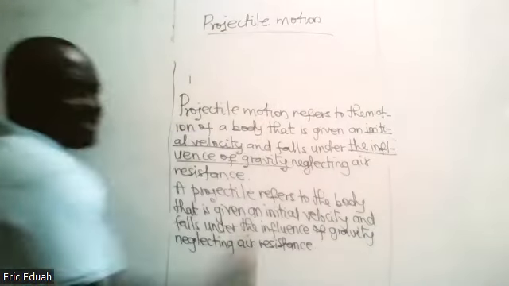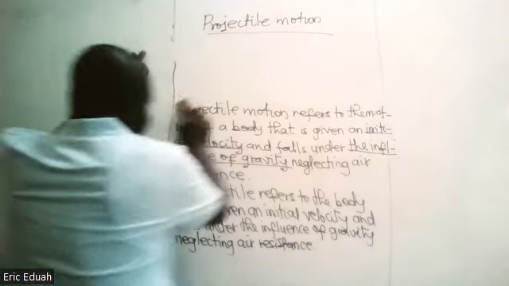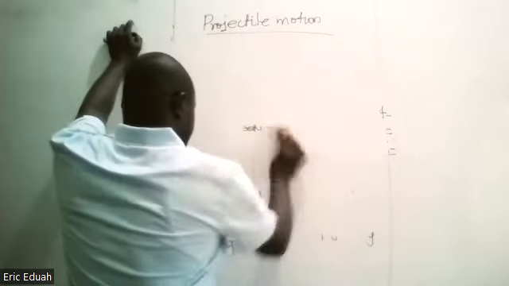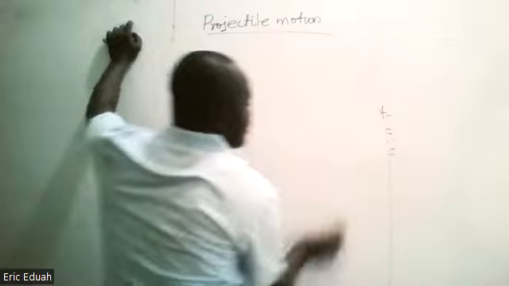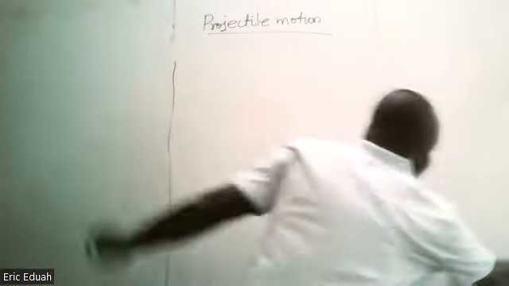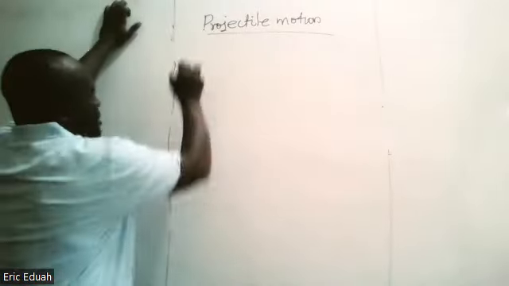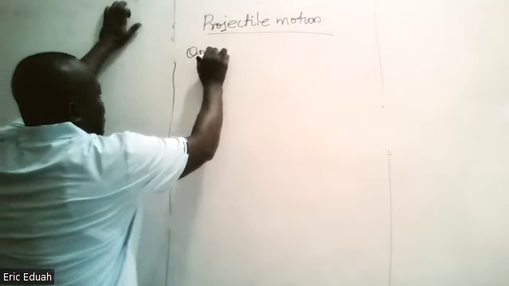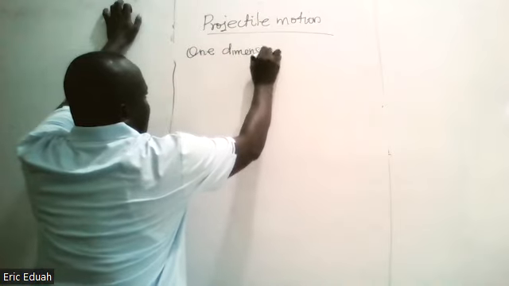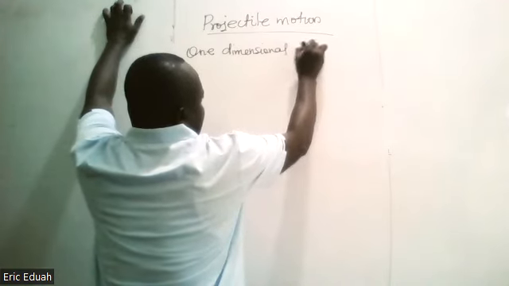Now let's look at types of projectile motion. We have one type I will call one-dimensional projectile motion.